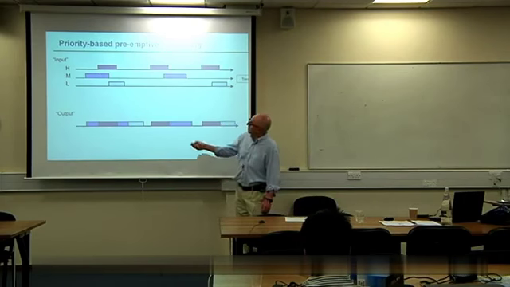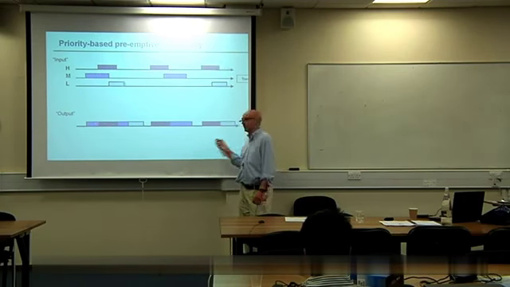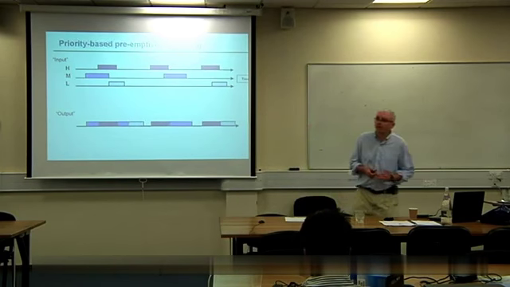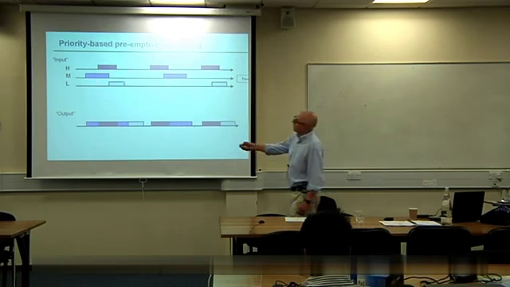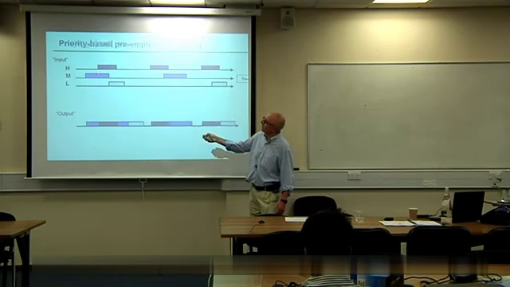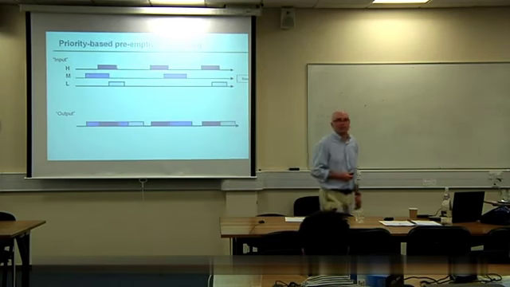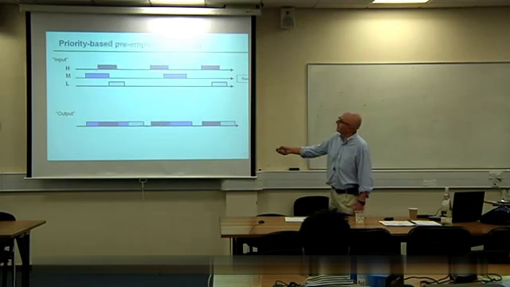So in this design, what we would expect to happen is something similar to that shown on the bottom line in practice. The medium priority task starts running. It's preempted by the higher priority task. There are no tasks of higher priority than that, so that task runs to completion.